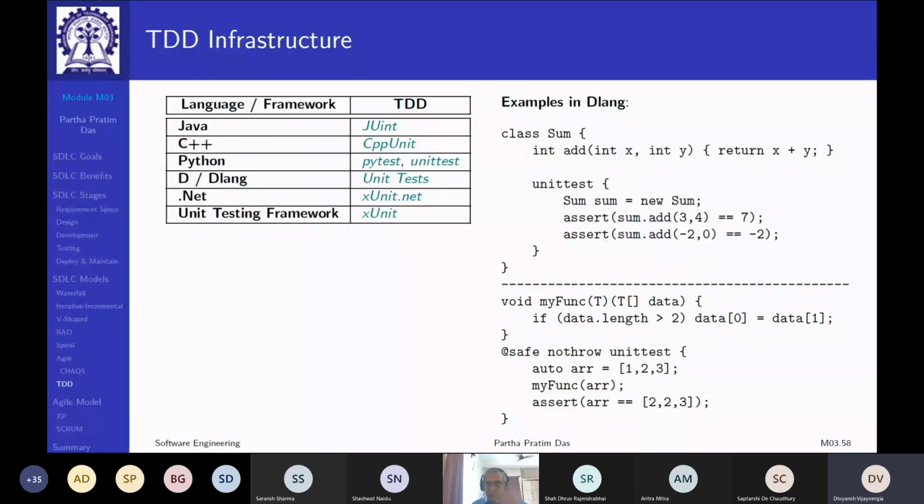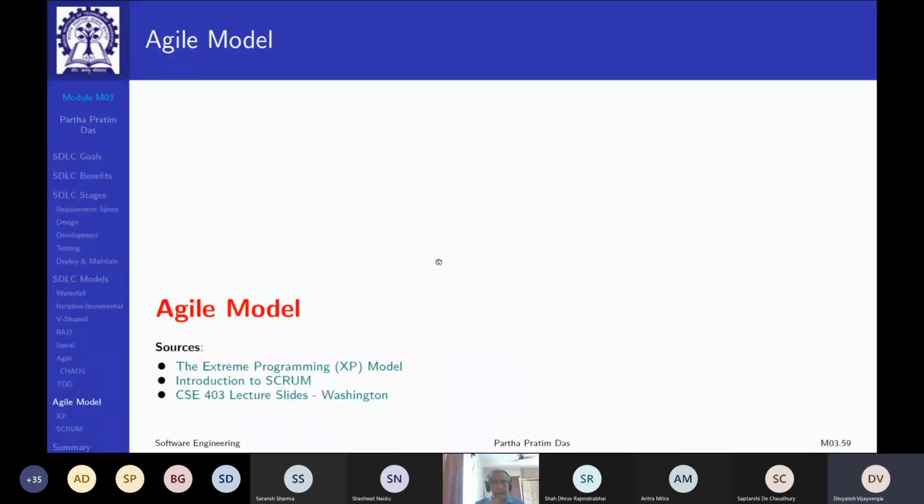For example, there are no pointers in it. But DLang's major philosophical contribution is the integration of the unit test in the language. Alexandrescu is the primary developer for this, and its compilers are now available publicly. So this was about TDD.